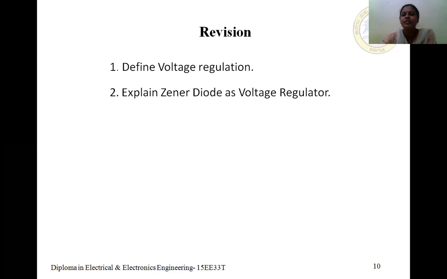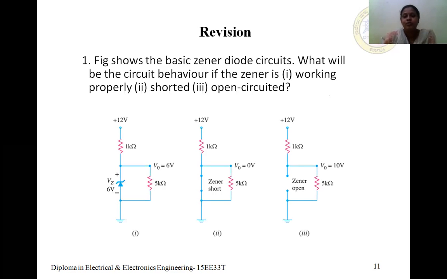All four cases we saw with the circuit diagram and the equations. We saw that even with all the changes in the input voltage or the load current, the output voltage is maintained constant.